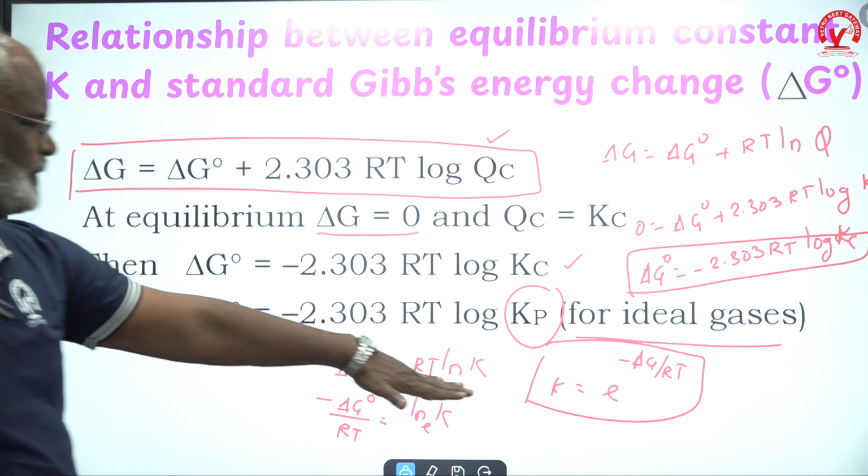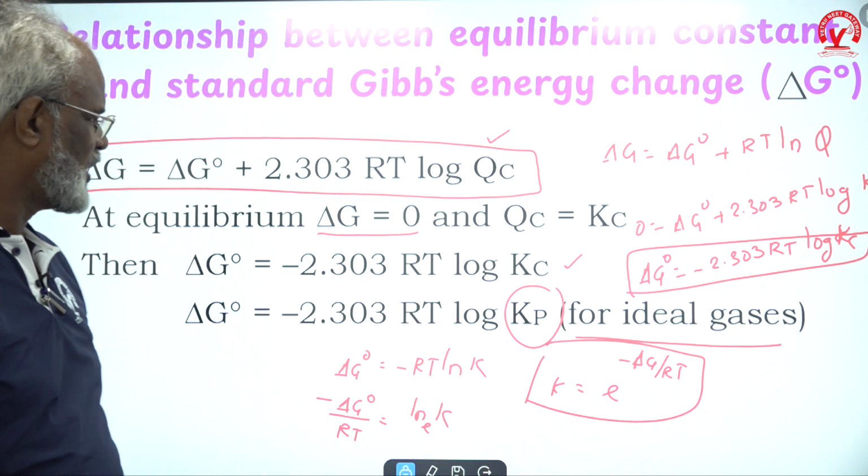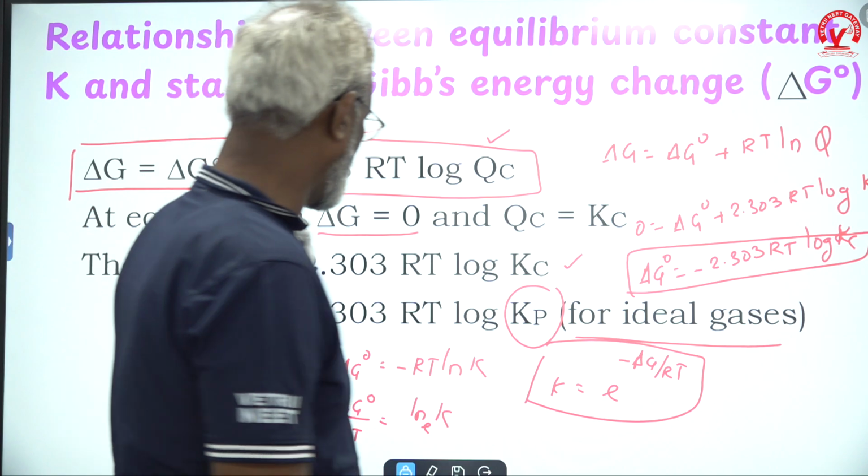We can also use this equation. We'll discuss this in a short while. Like this we can derive.